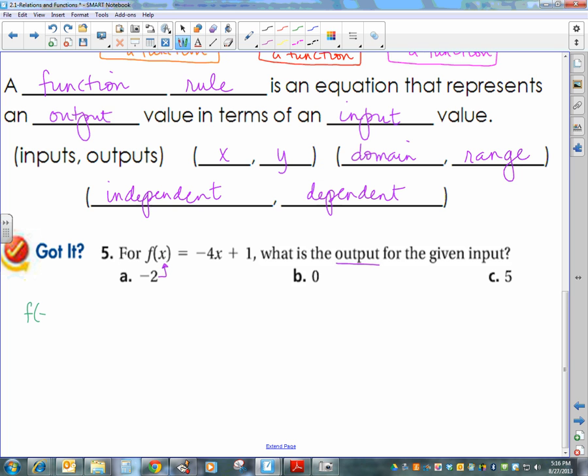So f of negative 2 equals negative 4, and remember, we put parentheses wherever we see a variable. And then what am I going to put in? I'm going to put in negative 2. So I simplify: negative 4 times negative 2 is 8, plus 1. So I have f of negative 2 is equal to 9.